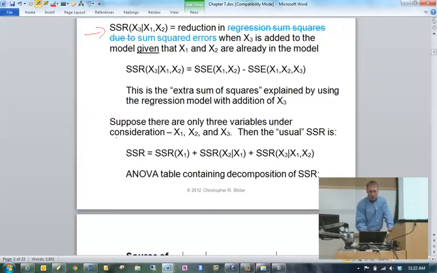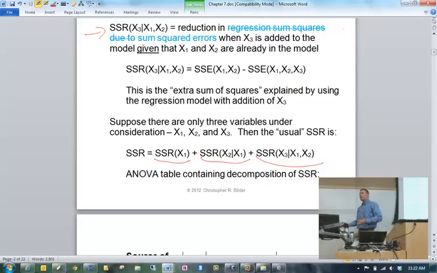Interestingly, one can show that in the case of x1, x2, and x3, if I take SSR of x1 plus SSR of x2 given x1 plus SSR of x3 given x1 and x2, add them all up, you get the regular old SSR that we've seen before for x1, x2, x3. So in essence, what we've done is partitioned our sums of squares.